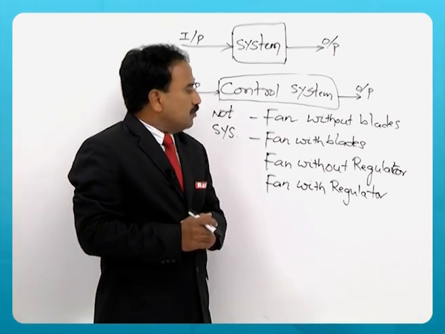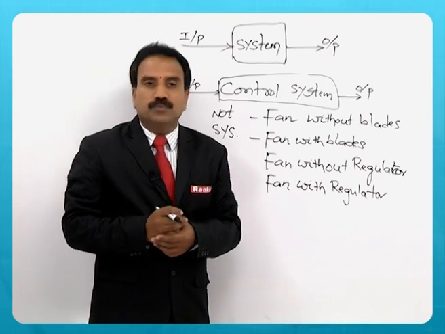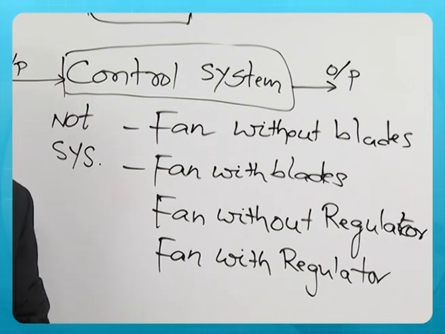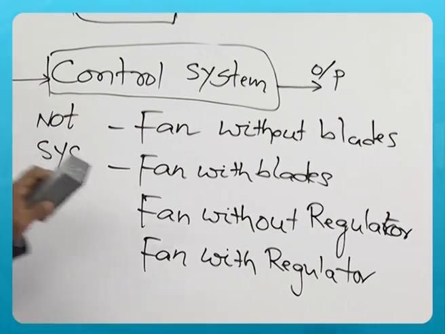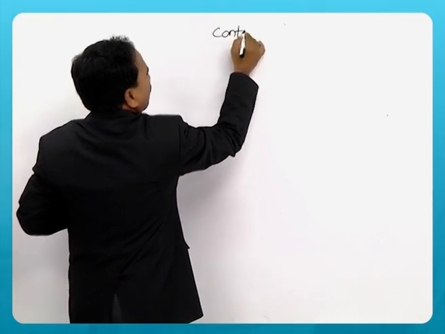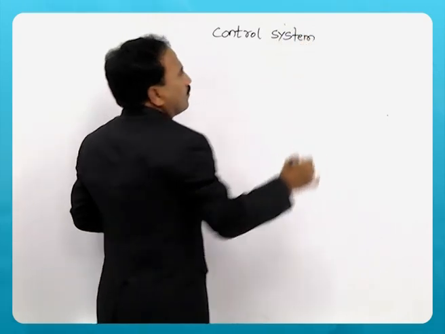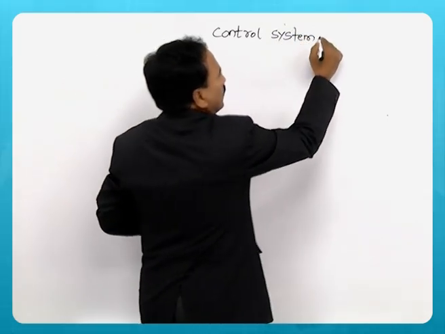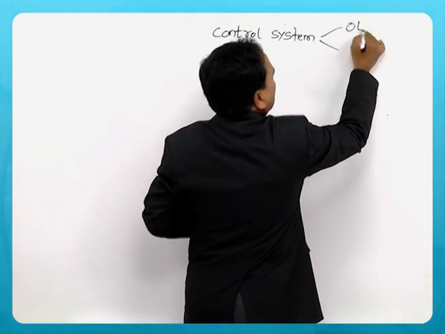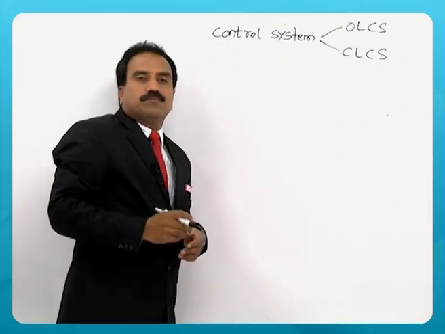Now, the control system can be further classified into two systems, that is open loop control system and closed loop control system. Control systems are subdivided into open loop control system and closed loop control system.